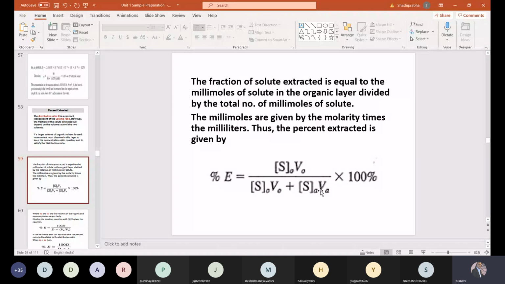So it is a summation of millimoles of what was extracted and what remained in the aqueous phase. If we know this, we can find the percentage extraction. Of course, we multiply by 100 to get percentage.